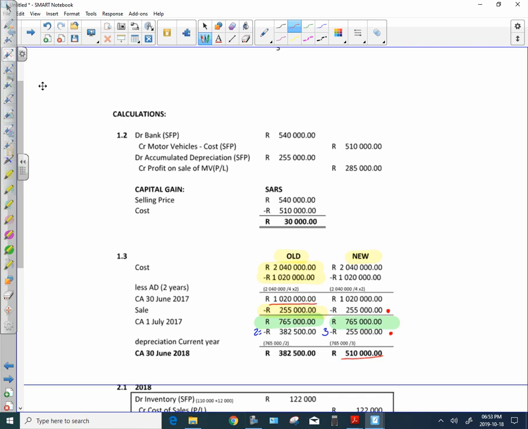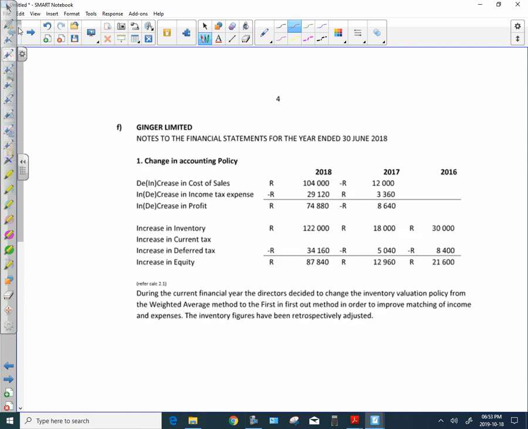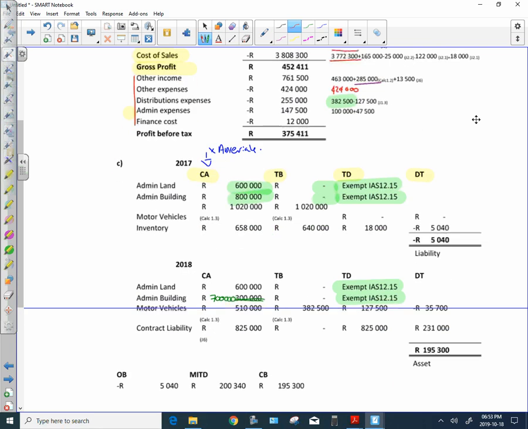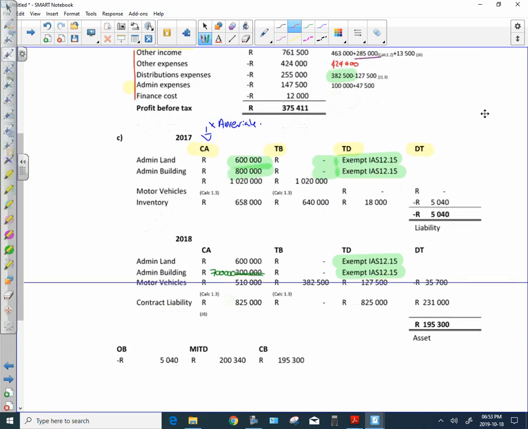So in terms of my deferred tax calculation, looking at my 2 carrying amounts, I go from 2017 being 1020. I deduct the sale of 255,000. I deduct the depreciation of 255,000 and arrive at my carrying amount for 2018 of 510. Okay.